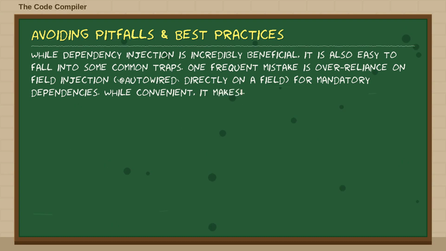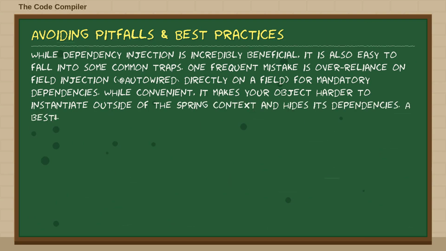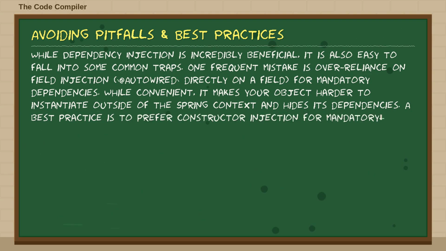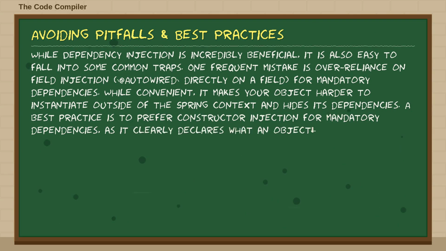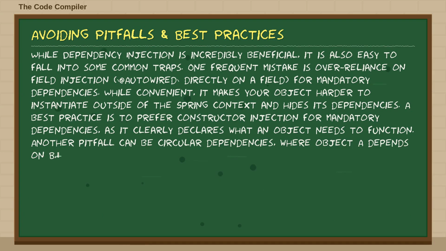While convenient, it makes your object harder to instantiate outside of the Spring context and hides its dependencies. A best practice is to prefer constructor injection for mandatory dependencies, as it clearly declares what an object needs to function.